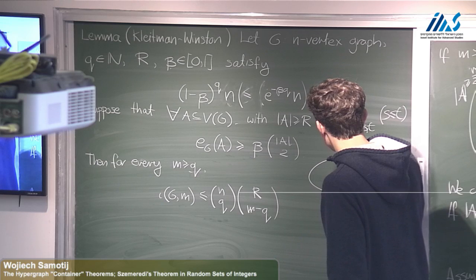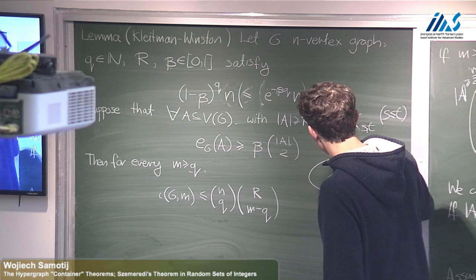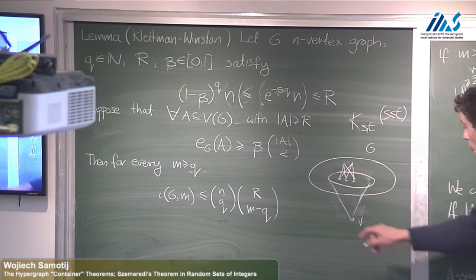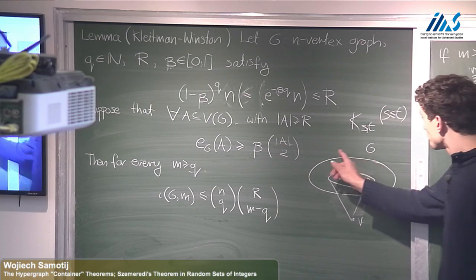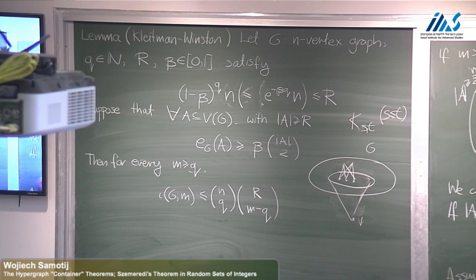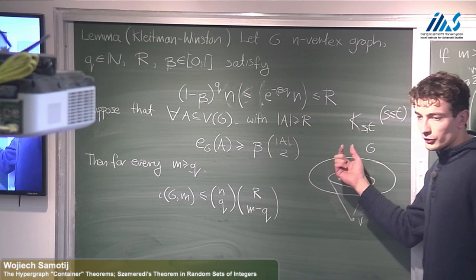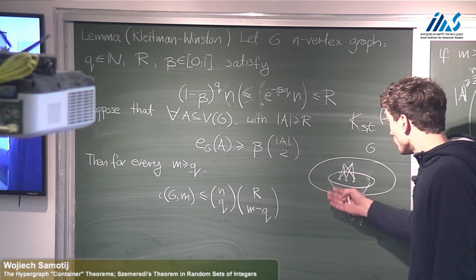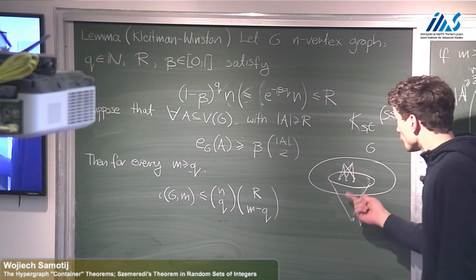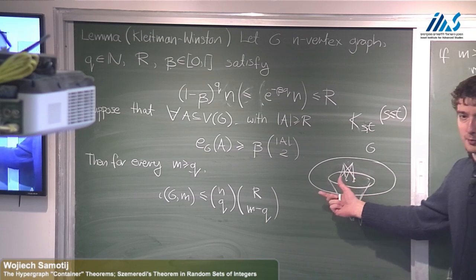So certainly we cannot have 3 vertices which all share 2 neighbors, because adding this third vertex would create a copy of K_{3,3}. So on the vertex set of G, we can now define an auxiliary 3 uniform hypergraph where 3 vertices form an edge if they share 2 neighbors. They cannot share more than 2 neighbors because this graph is assumed to be K_{3,3}-free. So now the problem of counting the number of such graphs reduces to the problem of counting independent sets in this 3 uniform hypergraph.